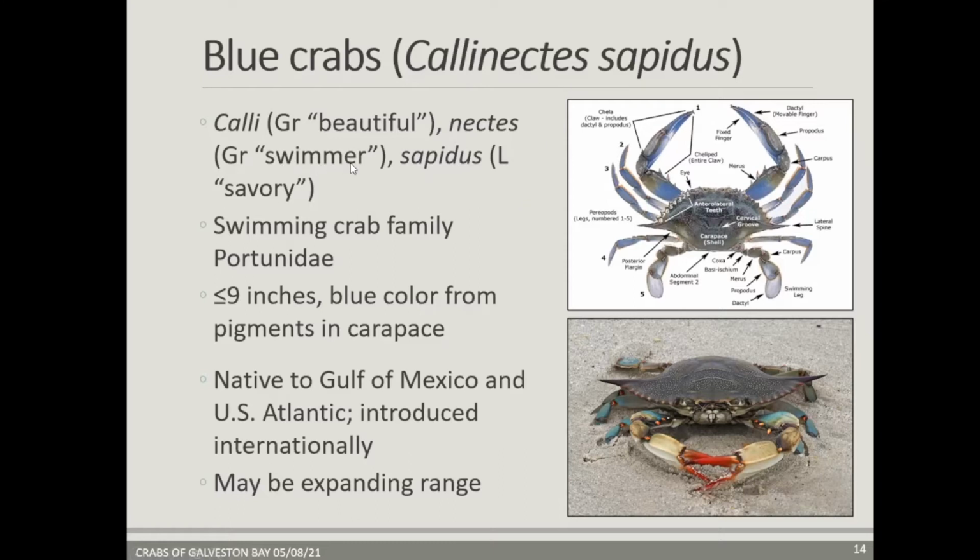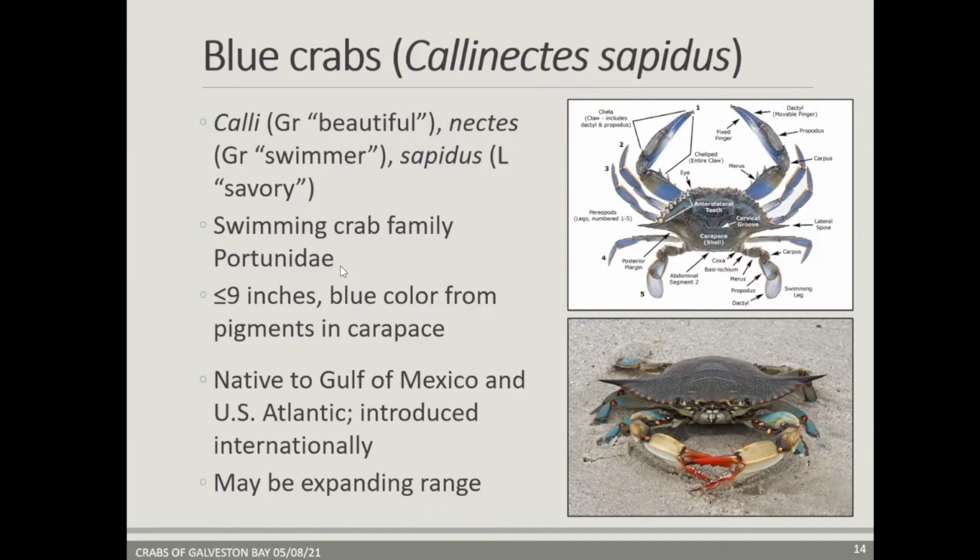Nectes is swimmer. So this is Greek for beautiful swimmer. It was named back in Linnaeus' time, and the species name is sapidus, which means savory. So they were obviously eating these crabs. We have been eating these crabs for a long time.